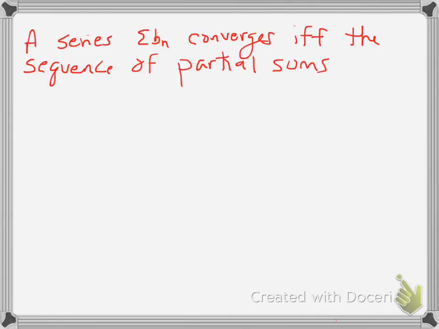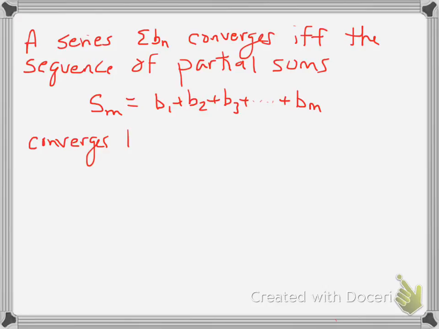We're going to call those partial sums S. So S sub m will be the partial sum where we take B1 plus B2 plus B3 all the way up until we get to Bm. If and only if the sequence of partial sums converges to some number, we'll say B. And then if that's true, then we write that the sum of the bn's is also B.